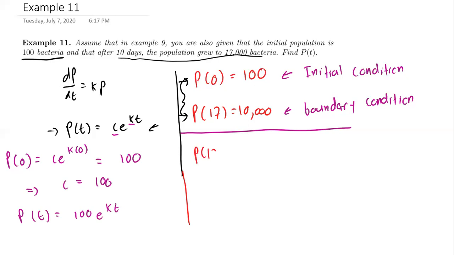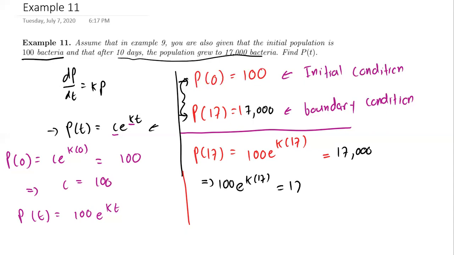Now, we're going to use the other condition to solve for k. So P of 17 equals, just plug in 17 for t, and this should be equal to 17,000. Now let's try to solve for k. So 100 e to the k times 17 equals 17,000.